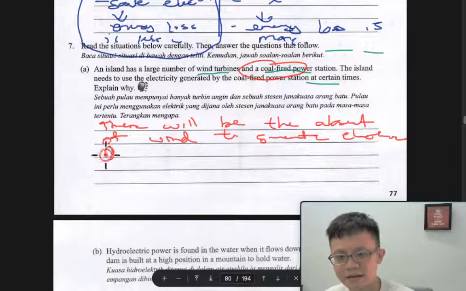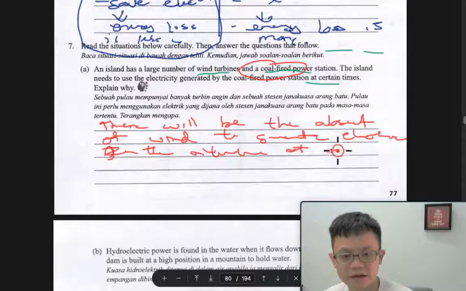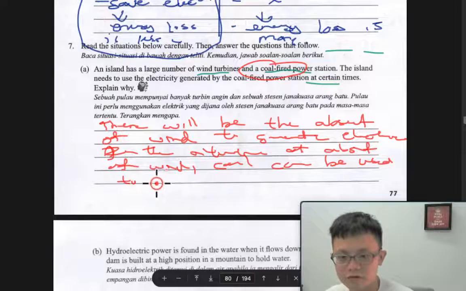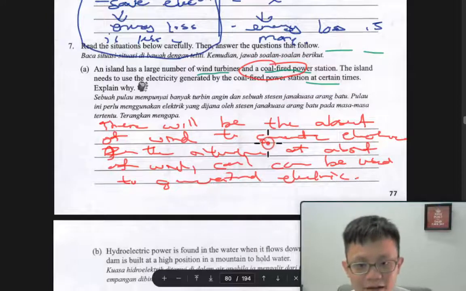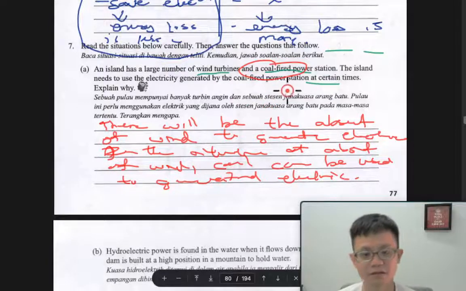In the situation of absence of wind, coal can be used to generate electricity. You use your own words. The keyword is no wind, then you find something else to use.